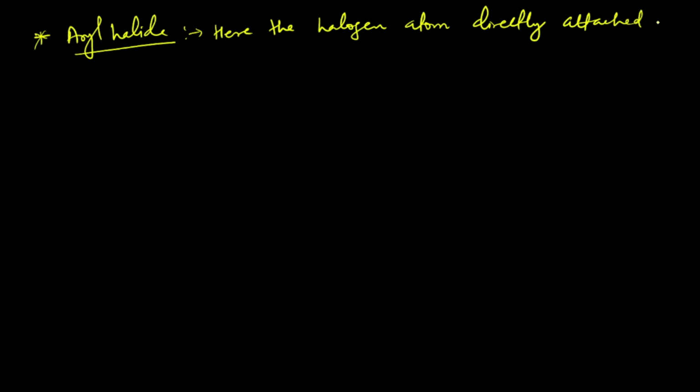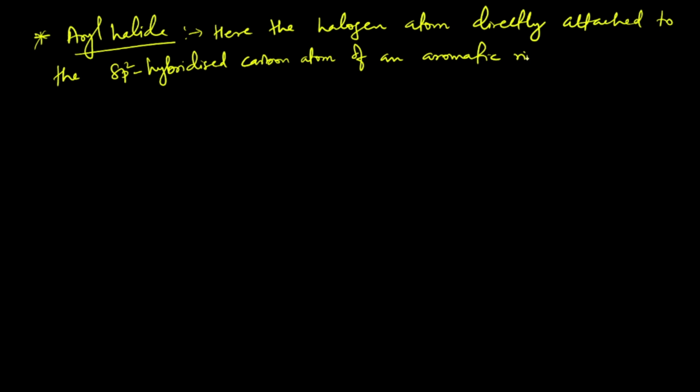Next will be your aryl halide. So here also we will write some concept, then we will start it. Here the halogen atom directly attached to the sp2 hybridized carbon atom of an aromatic ring.